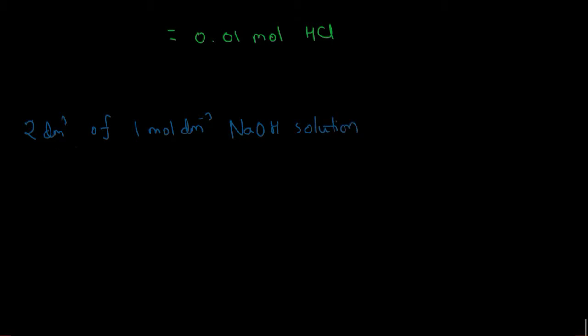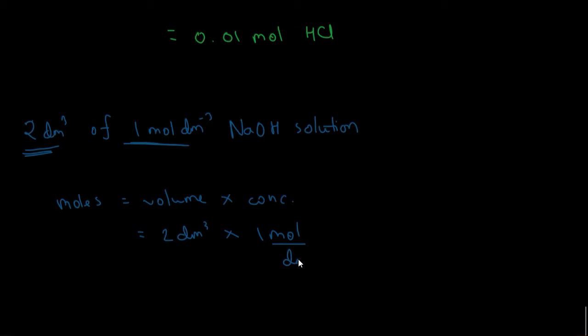So we're going to figure out the moles. The volume is already in dm cube, so we don't need to do anything. And the concentration is in mole per dm cube, so we're all set. So we're just going to put them into the formula. The moles is equal to volume times concentration. So my volume is 2 dm cube. My concentration is 1 mole per dm cube. The dm cubes are going to cancel out, and my mole is going to be 2 mole. So that's pretty straightforward.